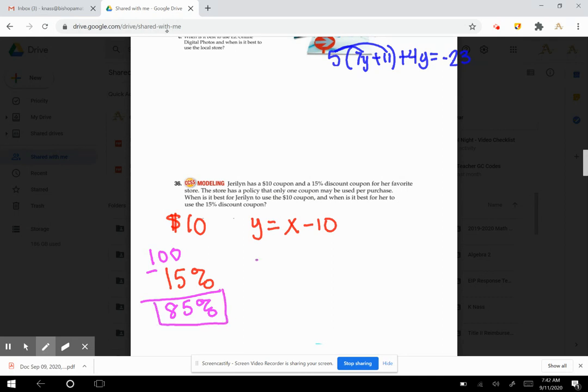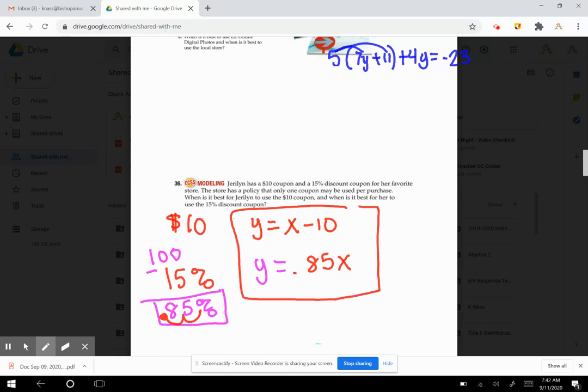So y equals, we can't use a percent sign, so we move it over to a decimal, 0.85x. Remember, when is it best for her to use the coupon? So she's paying for it. So these would be our two equations.